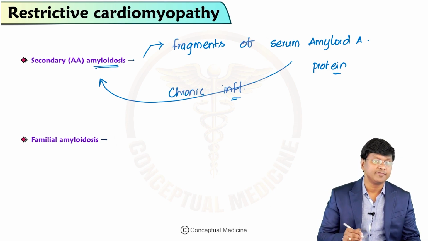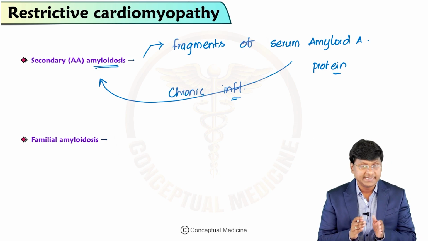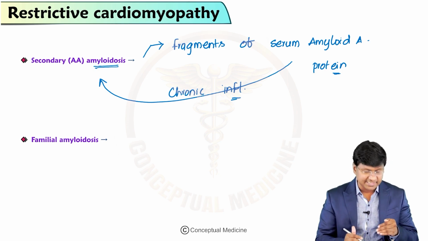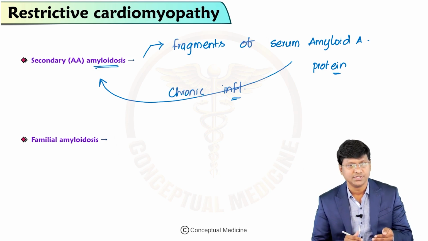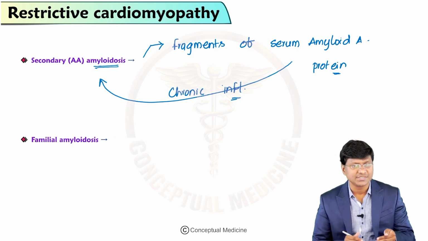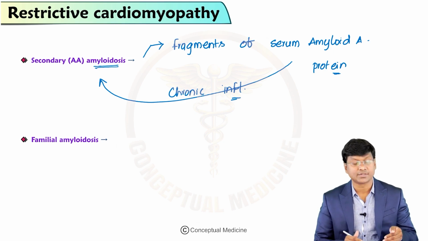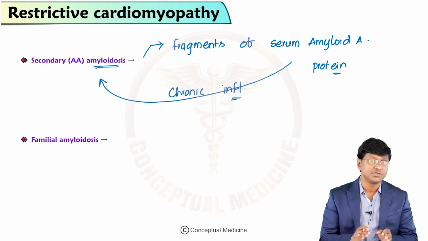We also have the other form that includes mutated transthyretin, which is nothing but familial amyloidosis. So what is familial amyloidosis? Familial amyloidosis is where there is accumulation of mutated transthyretin.